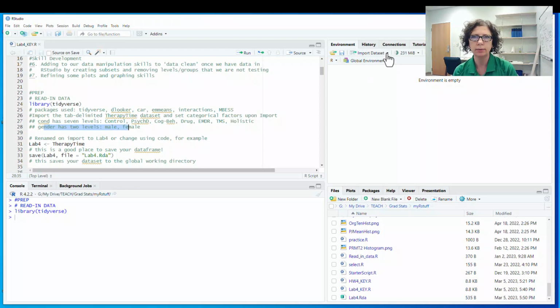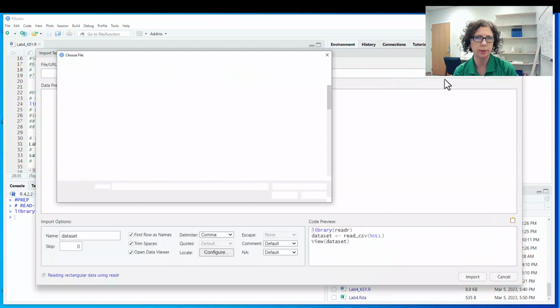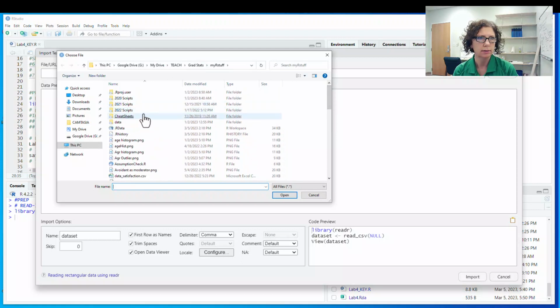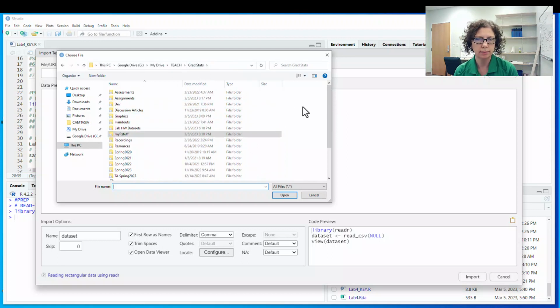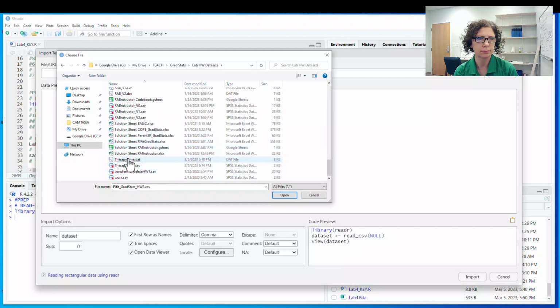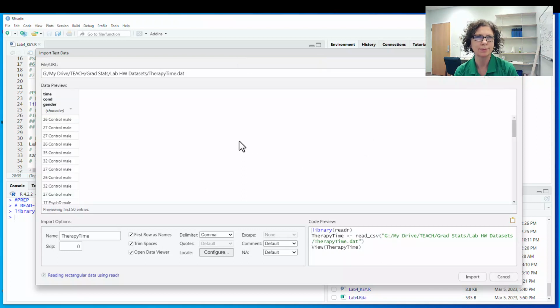So I'll start by going to get the data set, browsing to where I have saved the TherapyTime.dat file. Of course it comes in all squished together, and I need to tell RStudio that it's tab delimited.